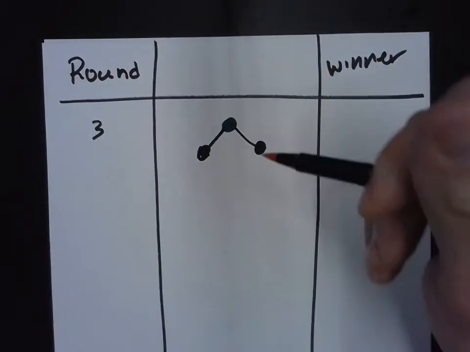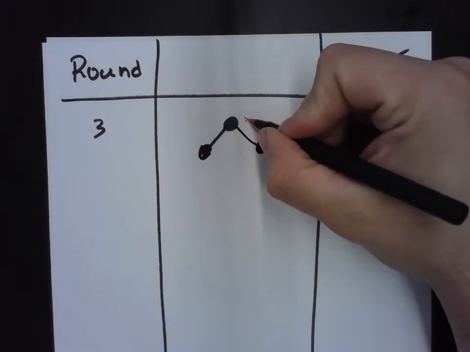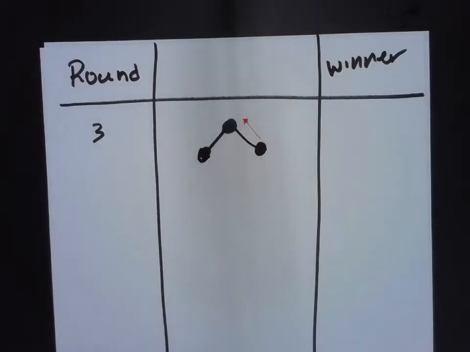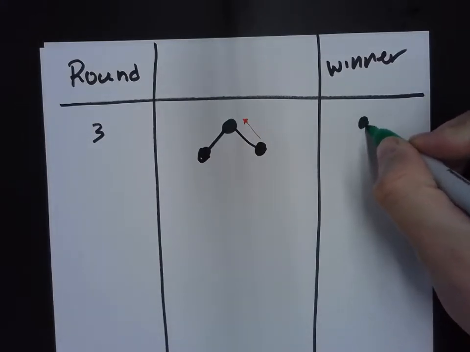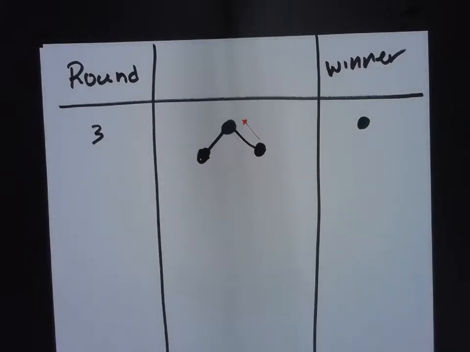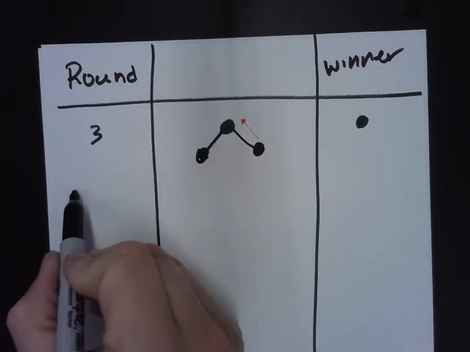Well, who's going to win in this situation? It's still going to be the baby elephant. I don't know if you've ever seen a baby elephant, but they're a lot bigger and a lot stronger, even as babies, than humans are. So your winner is still going to be a baby elephant in round 3.